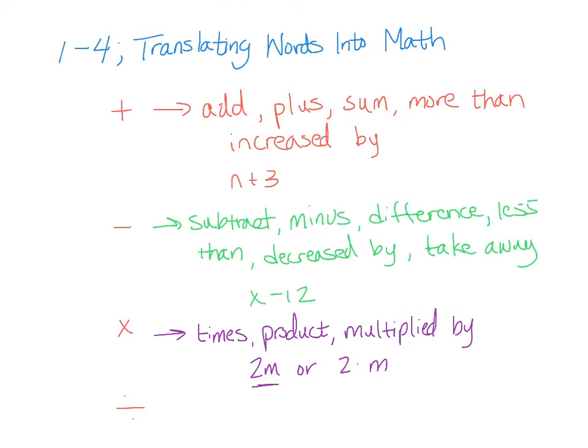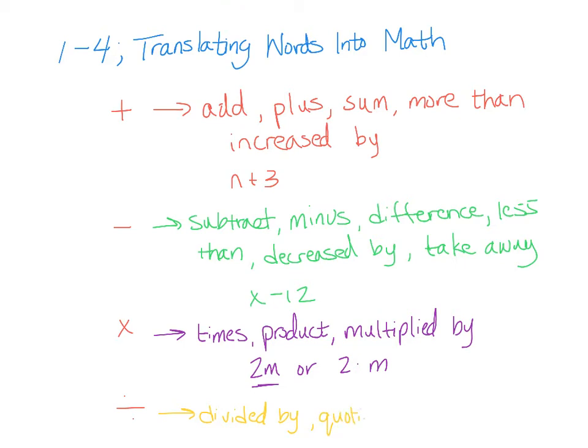And division is the last one, so we'll change that color one more time. And we have divided by, and we're not going to use the word and because I don't want you to get confused. And we have quotient.